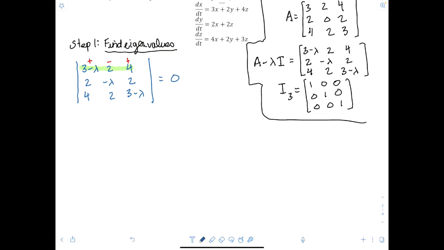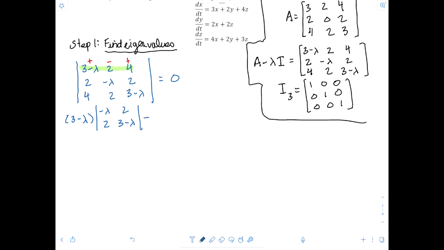We'll have 3 minus lambda, which is positive, times the determinant. When we cross out the row and column 3 minus lambda is in, we're left with this 2 by 2 determinant: negative lambda, 2, 2, and then 3 minus lambda.